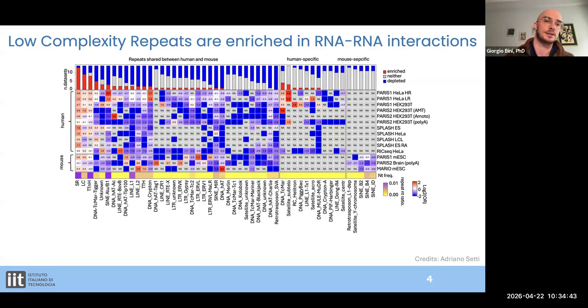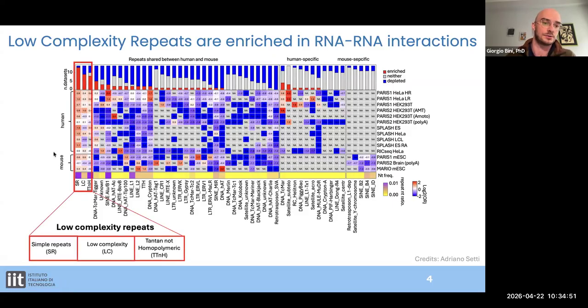As we can see here, there is a statistical significance of this overlap, especially for these three classes of repeats, which belong to the family of low complexity repeats that are strongly enriched across all the datasets. This suggests that they play a fundamental role in the context of RNA-RNA interactions.